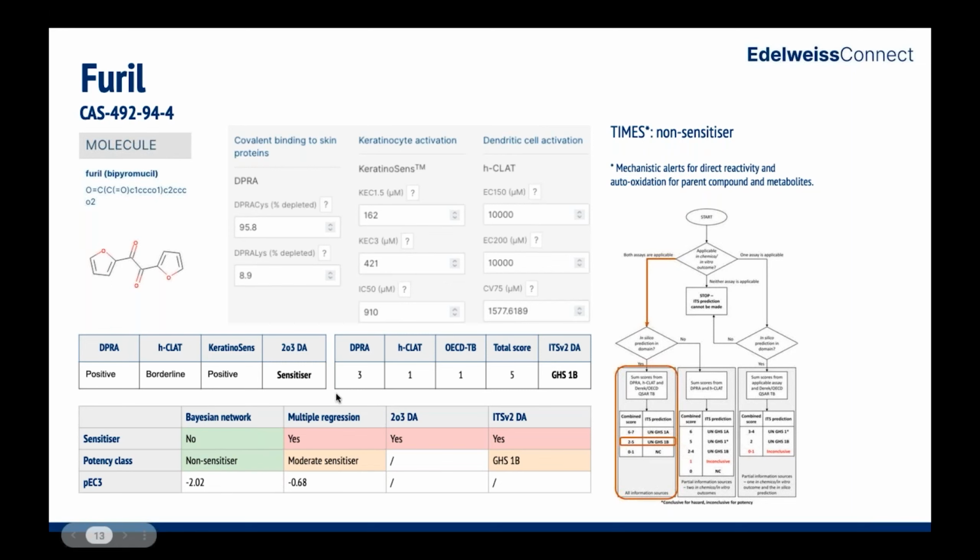And multiple regression, on the other hand, predicted furyl as sensitizer with a PEC3 value of -0.68. So here, both defined approaches within the guideline and multiple regression predicted furyl as sensitizer. However, Bayesian network predicted it as non-sensitizer.